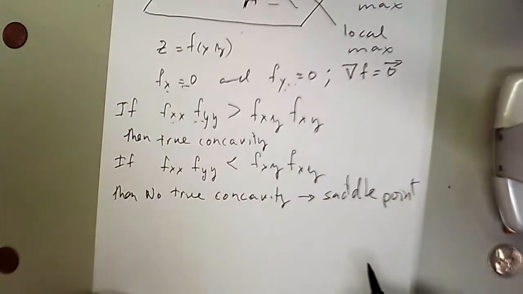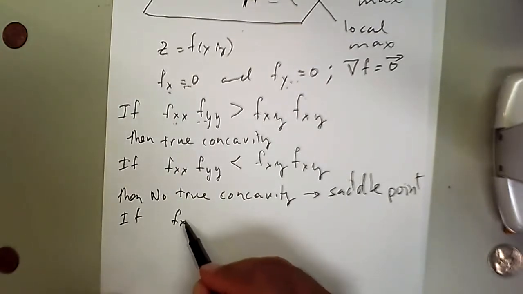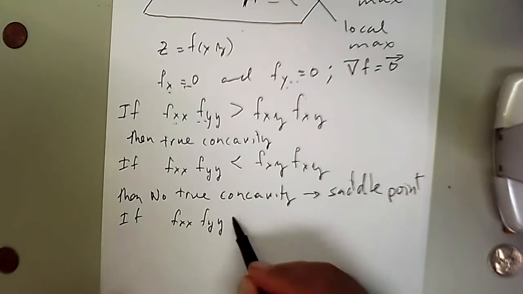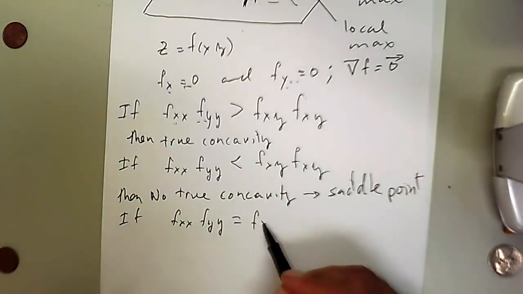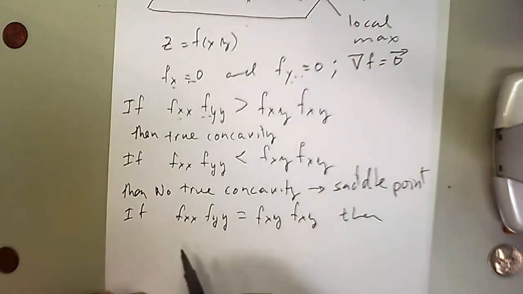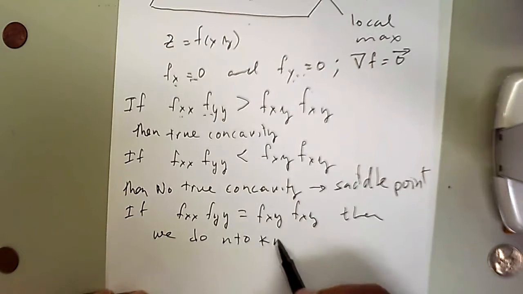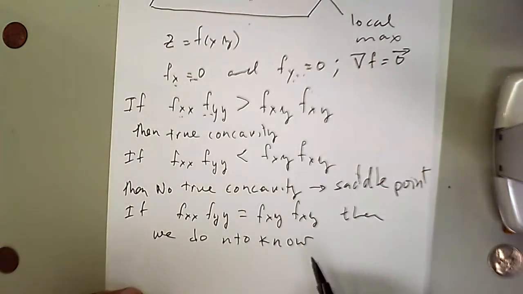That's just a side note. If fxx, fyy is equal to fxy, fxy, then we don't know what's going on. We just don't know.